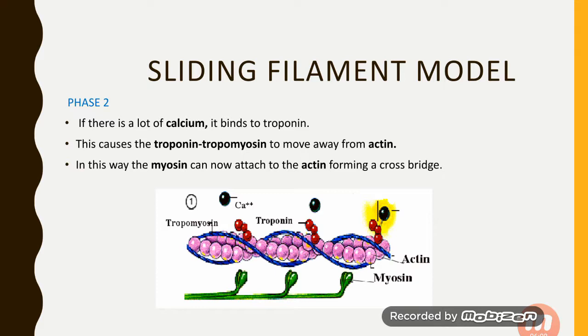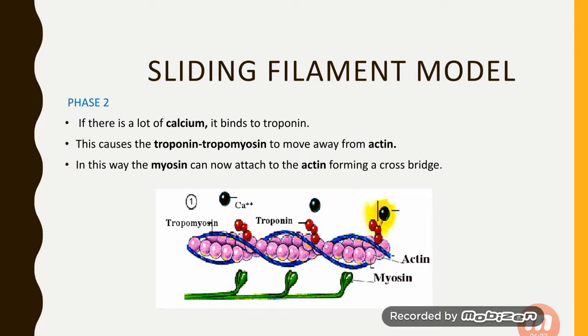Tropomyosin is two strands of another protein which are twisting around the actin chains and help stiffen its structure. In the relaxed muscle fiber, they block myosin binding sites on actin, so that the myosin heads cannot bind to the actin filaments and the cross bridges may not form.